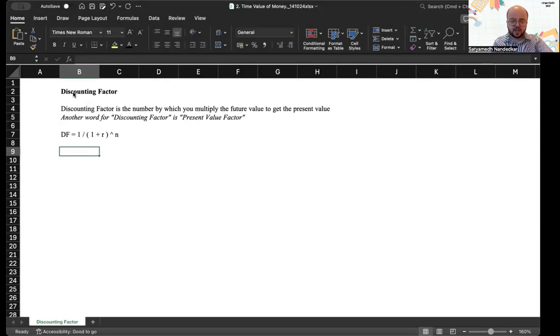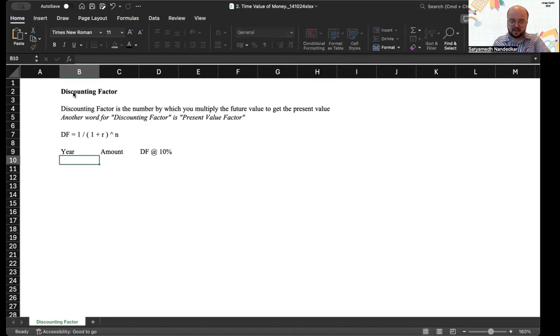So, if I were to give you a situation where I ask you to calculate the present value of a sum of rupees 10,000 to be received at the end of different periods of time, what I would do is I would write down the year, I would mention the amount, and then I would have a separate column for the discounting factor.